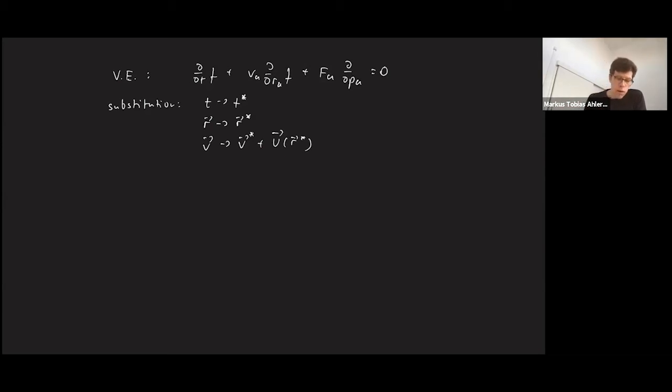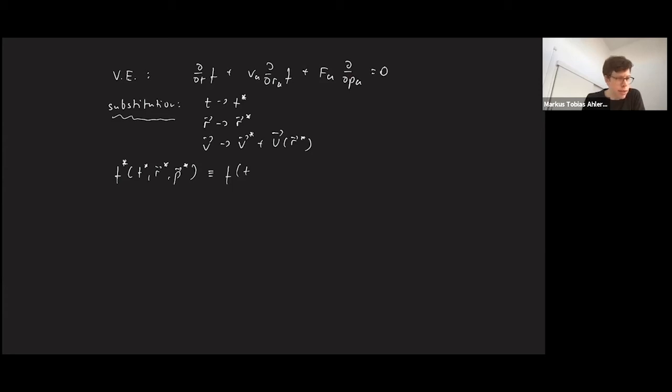Using this substitution, we can now define a new phase-space distribution. This new phase-space distribution is called F star, and it will depend on the new variables T star, R star, and P star. It is defined by the original phase-space distribution, which was a solution to this equation here, but for the shifted coordinates.